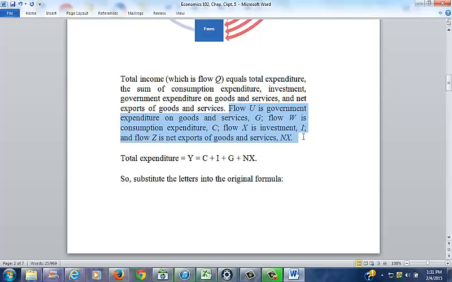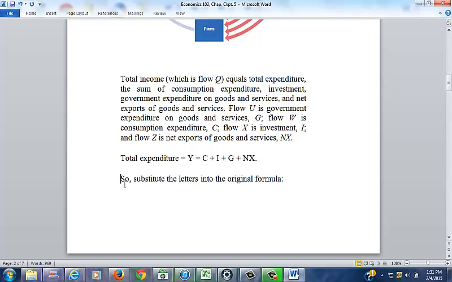Flow U is government expenditure on goods and services, G. Flow W is consumption expenditure, which we originally use as C. Flow X is investment, or I. And flow Z is net exports of goods and services, known as NX. So the total expenditure formula reads Y equals C plus I plus G plus NX.